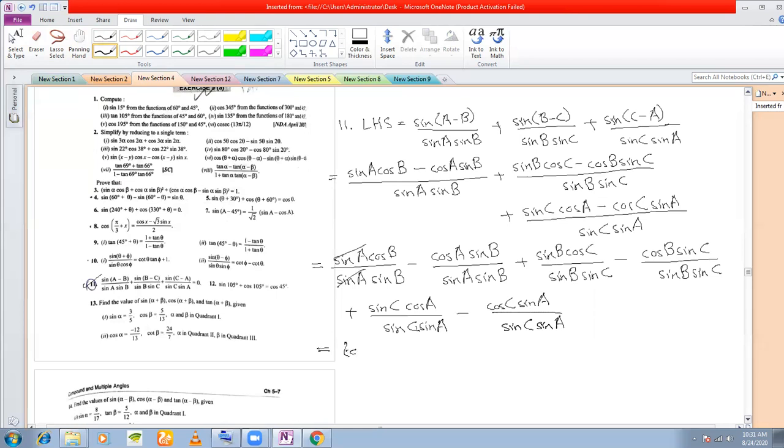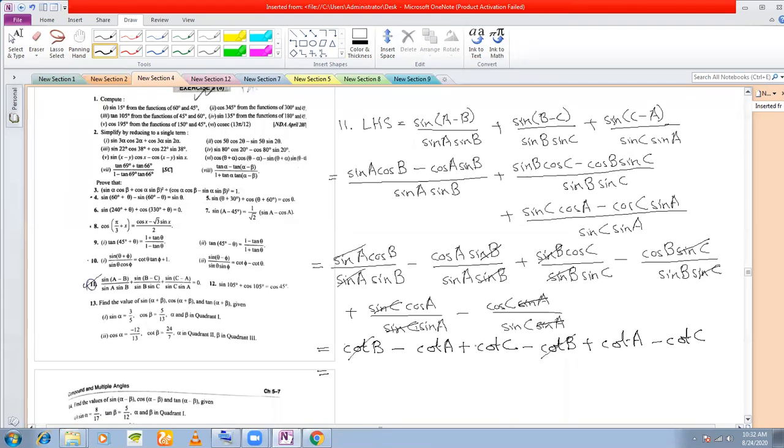Now we see what all can cancel. Sine A cancels, so you simply get cot B. Minus, sine B cancels, so you get cot A. Plus, sine B cancelling, you get cot C. You have sine C cancelling, so you get minus cot B. Plus, sine C cancels, so you simply get cot A, and sine A cancelling, you get minus cot C. So what happens?